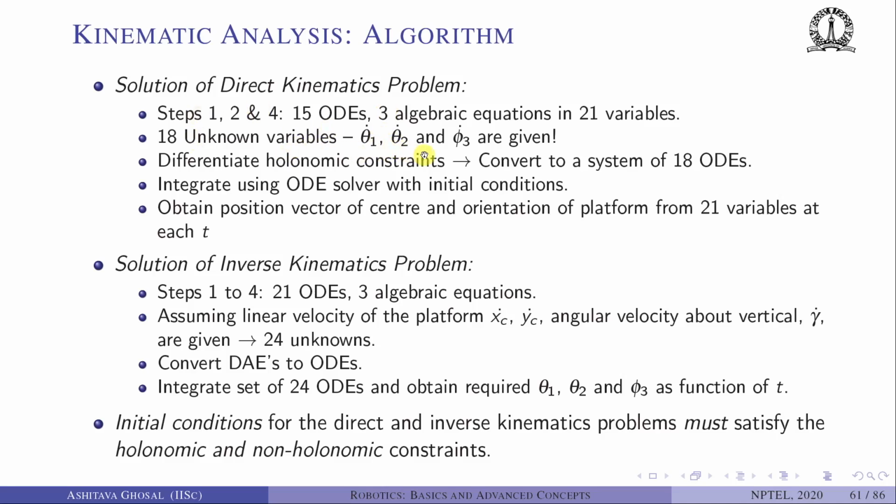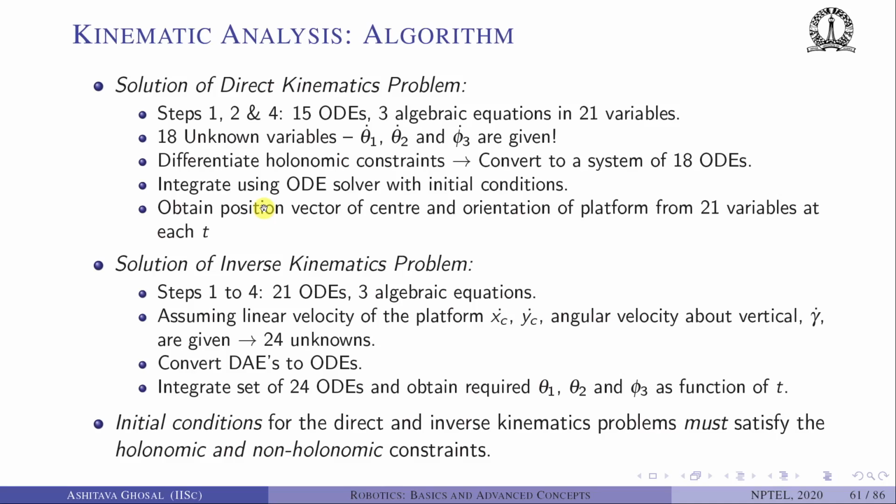Because theta1 dot, theta2 dot, and phi3 dot, the rotations of the two rear wheels and the steering of the front wheel, are given. So we differentiate the holonomic constraints, convert to a system of 18 ODEs in 21 variables, out of which 3 variables are known. And we solve these equations using an ODE solver.